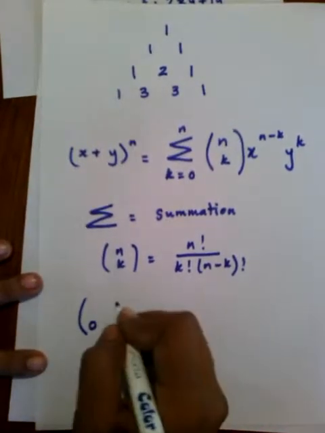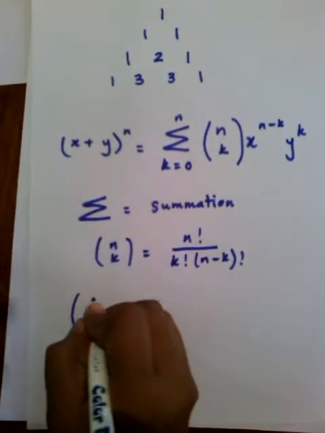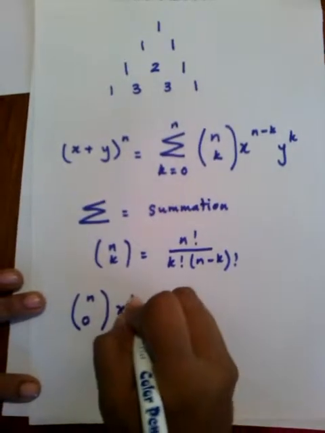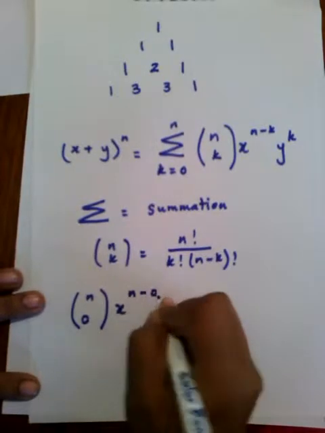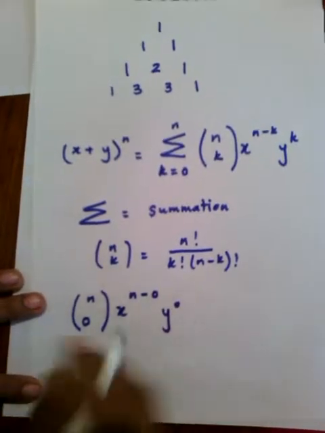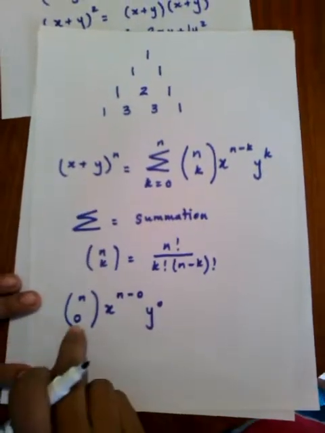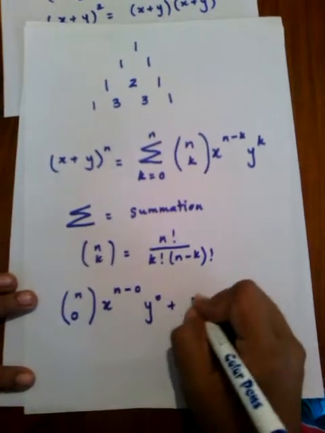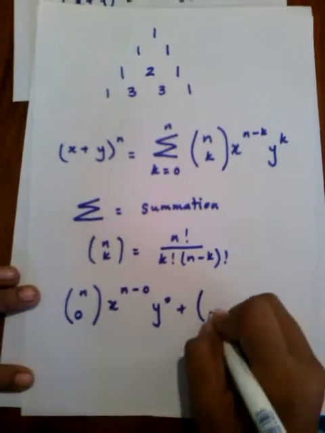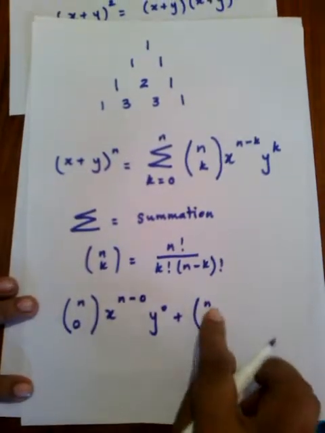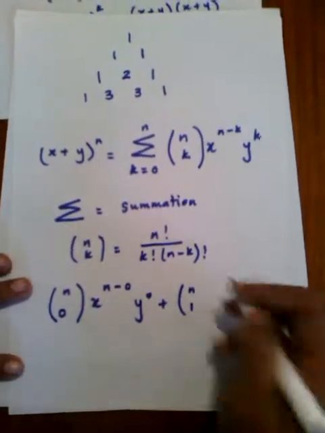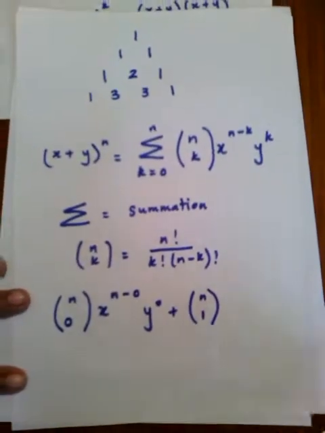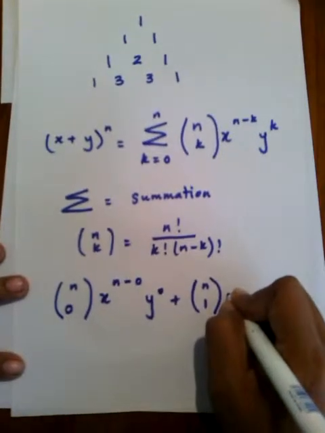So k is equal to 0 all the way to n of n choose 0 times x to the n minus 0 y to the 0. So my first term would be when k is equal to 0. And I add to that, and I say what happens when k is equal to 1. And I can just replace the n that I'm thinking of. N can be any number, as long as it's not problematic. It can even go up to infinity.